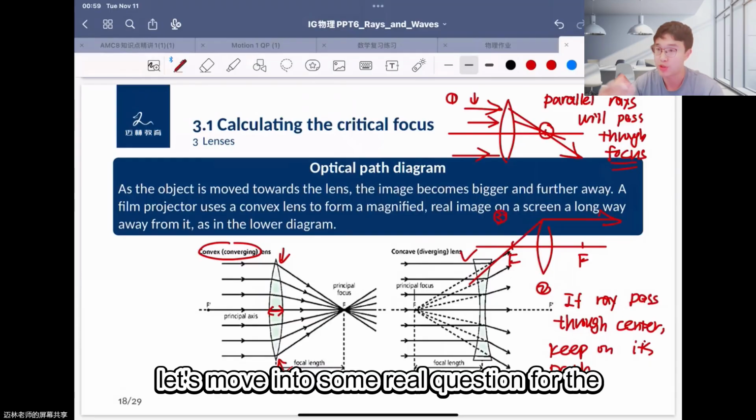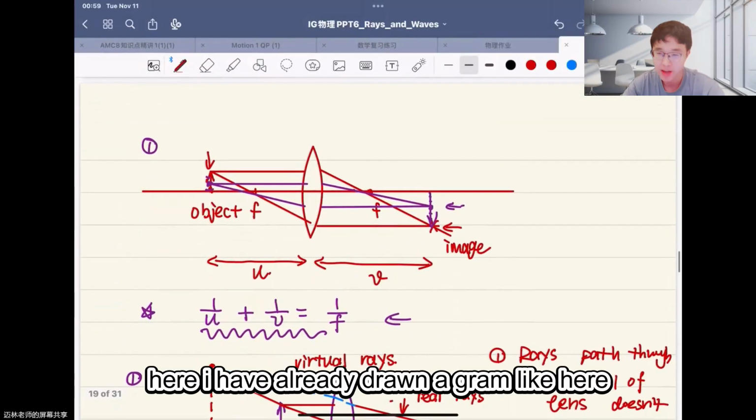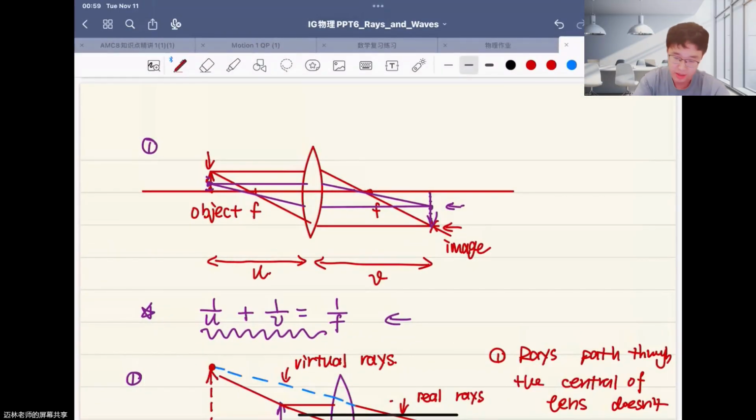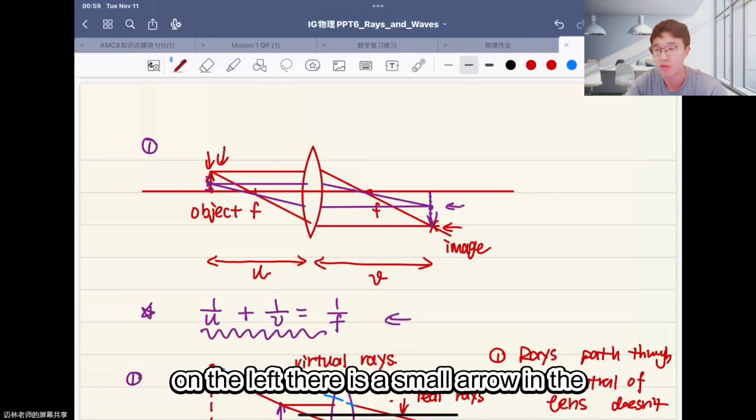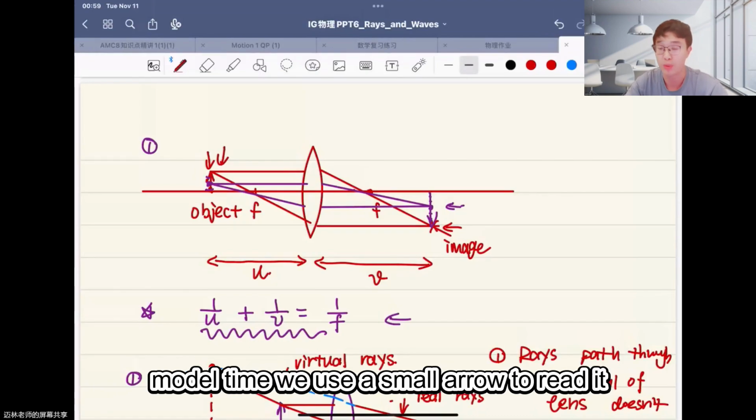So let's move into some real questions. Here I have already drawn a graph, and you can find on the left there is a small arrow. In the model, we use a small arrow to represent an object.